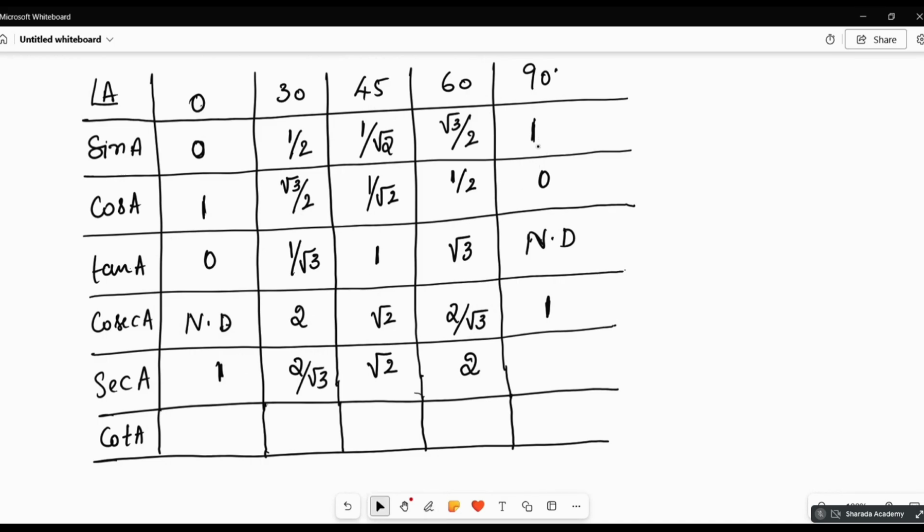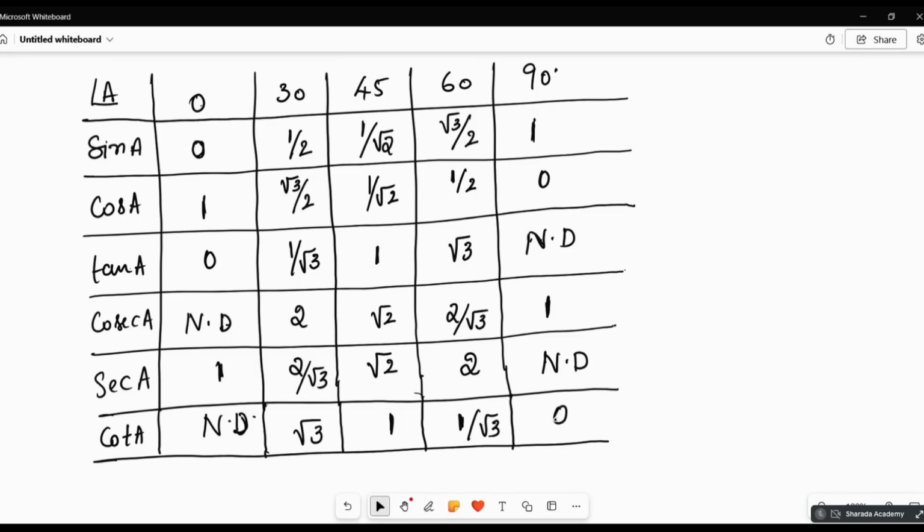Then secant 90 degree is not defined. What about cot? Cot 0 is not defined. Cot 30 degree is root 3. Cot 45 is 1. Cot 60 is 1 by root 3. And cot 90 is 0.